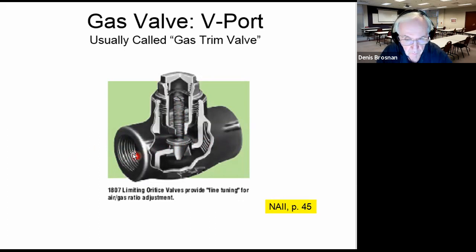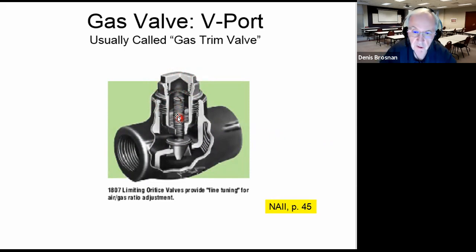Now, as we have talked about, burners are designed to operate from low fire to high fire and modulate in between in most cases, but nevertheless, they have a very specific gas requirement. And so these little valves have a little screw mechanism. There's a cap on top, and if you pull the cap off or bend it away, you can insert a screwdriver here as you're making a gas flow measurement.